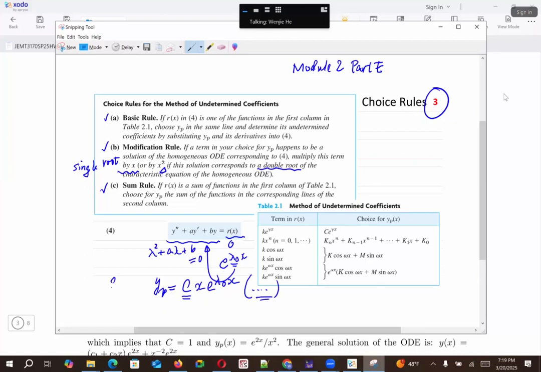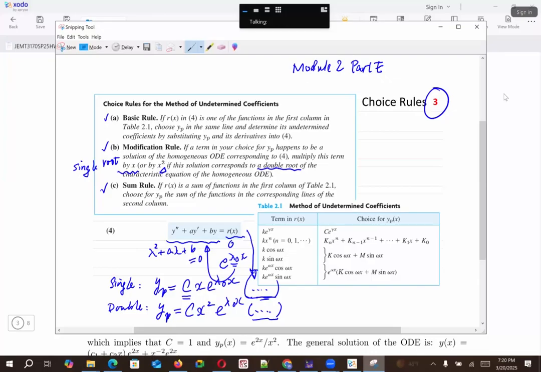In the double case, your yp is c times x squared times e to the lambda 0 x. For the other parts, you need to look at your R function to see if you need to add some other things. So that's the modification rule. Based on this modification rule, now let us go back to this question.